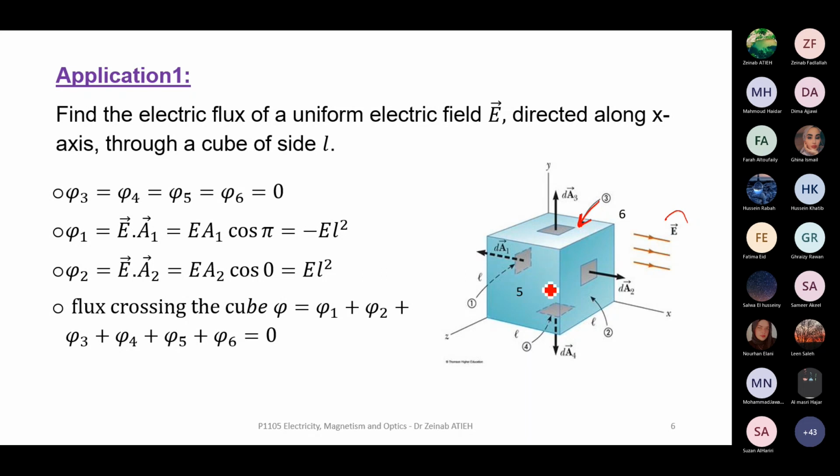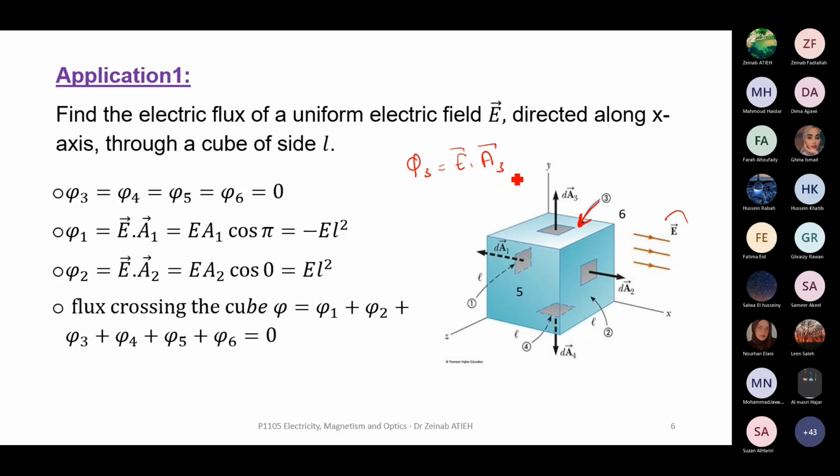The one on top. First, you know that the electric field is uniform, it's not variable, and my surface is flat. I can use the formula phi 3 equals E dot A3, no problem.